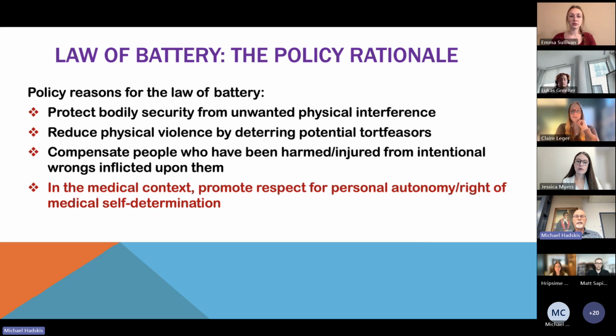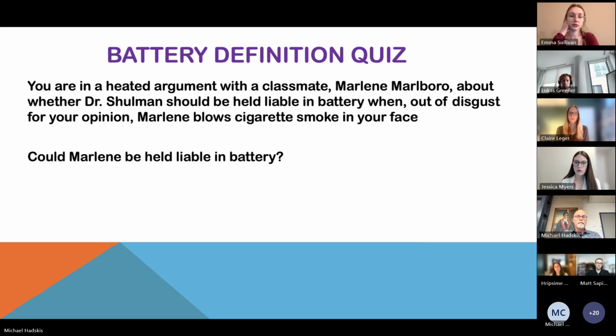It's your body, it's your choice. It's not the physician's view of what's in your best interest. It's your view of what's in your best interest that counts, right? So it's about respecting patients' medical self-determination.